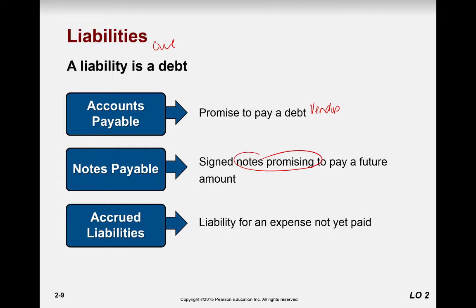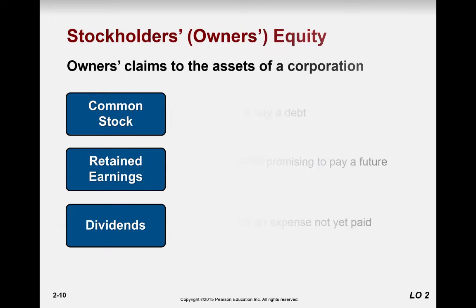Accrued liabilities is basically you've incurred the expense, but you haven't paid it. And you will see that accrual accounting, which we will talk about in a subsequent lecture, is basically not cash-based. You record the revenues when they are earned, not necessarily when it is paid, and you record the expense when it is incurred, and then you accrue the liability, which is the cash portion of it.